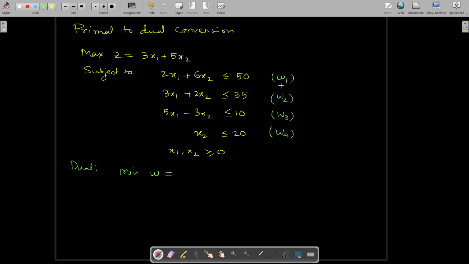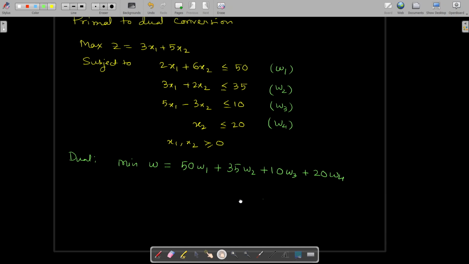So my first variable is w1 and the coefficient will be 50. The second variable is w2, the coefficient will be 35. Then 10w3 and 20w4. So this was about the objective function.